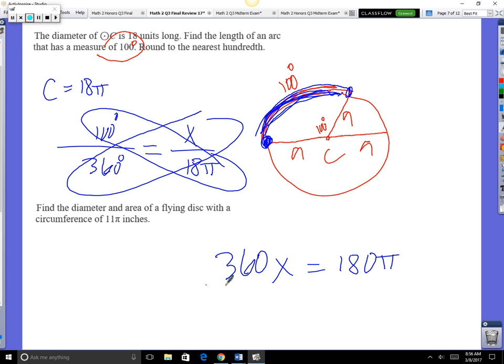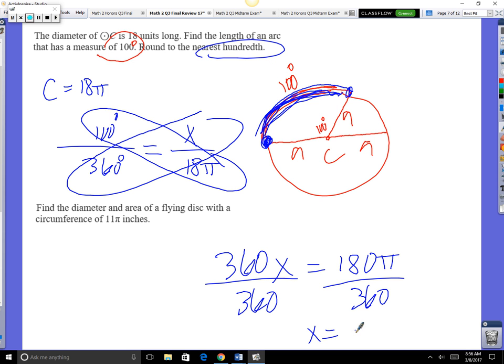So now solve for x, divide by 360, divide by 360, and we've got x equals, so you do 180 pi, and they want it in a decimal, so I'm going to do 180 times pi divided by 360, so that arc is 1.57 units.